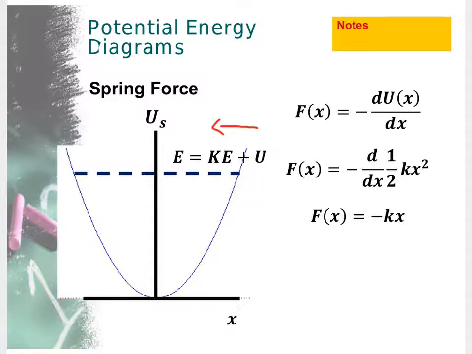I could also look at the slope of my potential energy function, and realize that when I have a really large instantaneous slope, I also have a very large force going toward lower potential energy. So here I have a large negative force. Over here, actually I should say over here, I have a large positive force because the instantaneous slope at this point is large and negative.